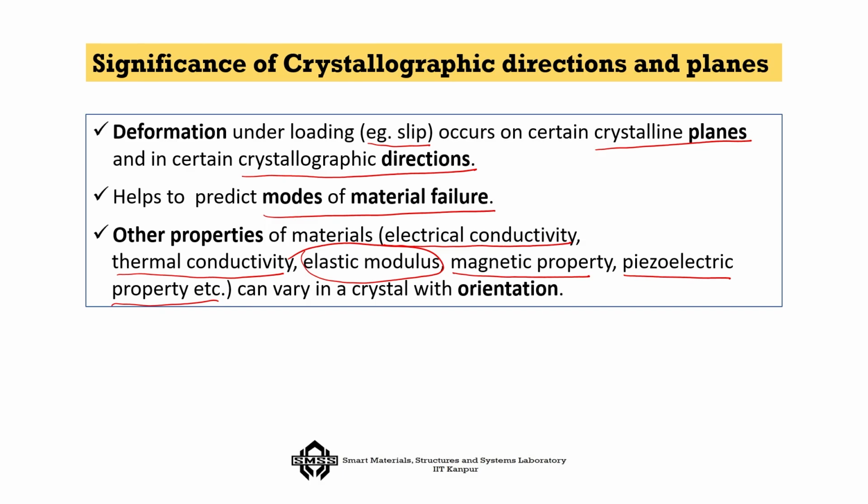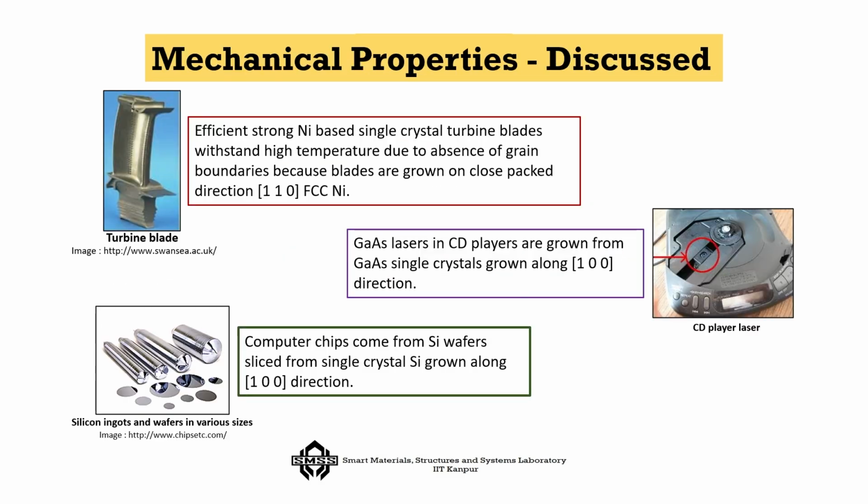It will allow you to understand the anisotropy not only in terms of the elastic effect, but also in terms of various other properties such as the electrical, magnetic, thermal or piezoelectric properties of a system. Now, immediately you have to think, what is the application of this concept?